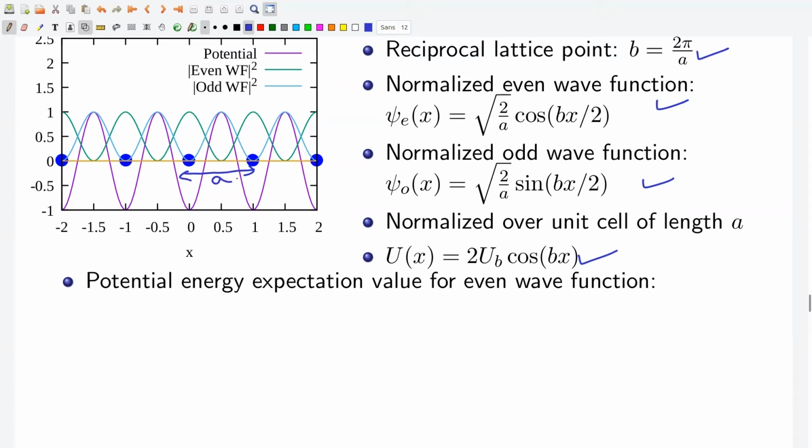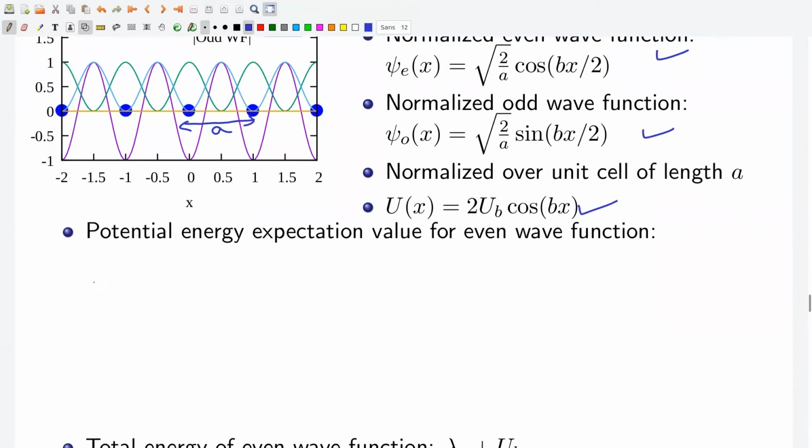The potential energy expectation value for the even wave function is given by integral 0 to a dx u of x psi e square.